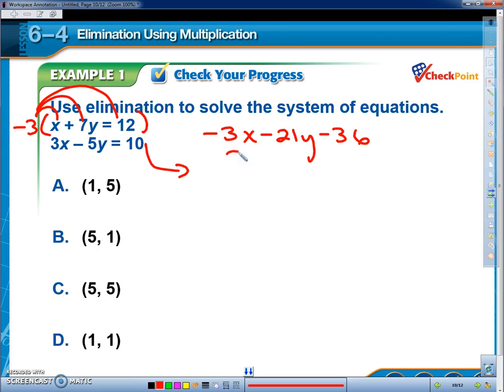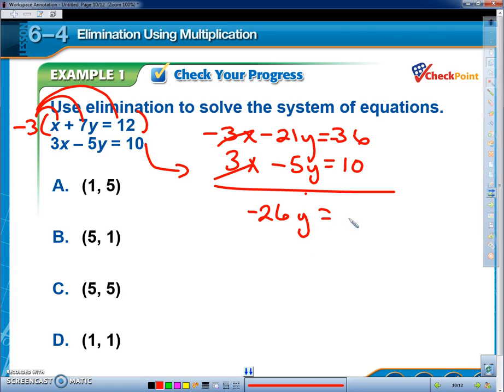We're just going to put it right here: 3x minus 5y minus 36 right there, equals 10. All right, so we've got this. The -3x and the 3x cancel out. They're gone. I'm left with -26y equals 26. So y would equal -1.